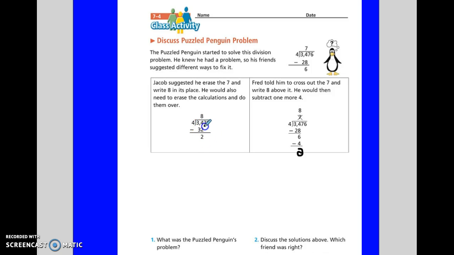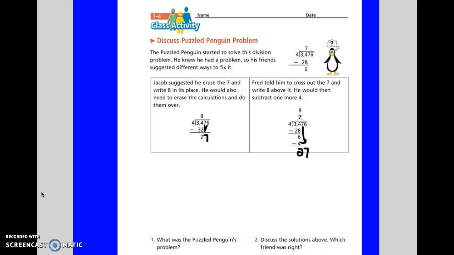So if I bring down this 7, I have a 7 here, and if I brought down this 7, do I end up with the same number? I do. My next step would be to divide 4 into 27. So this one works as well, okay? They both work. There are different ways of coming to the same conclusion, but they both would work, all right? So that's what we call the puzzled penguin problem, looking at and figuring out our mistakes.